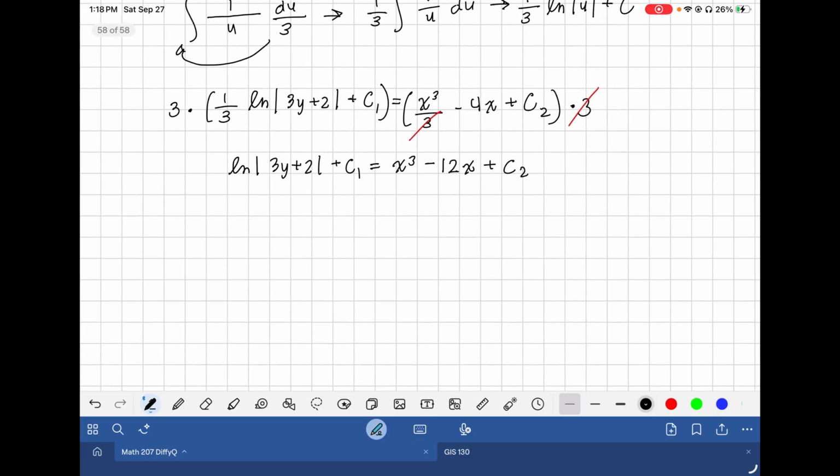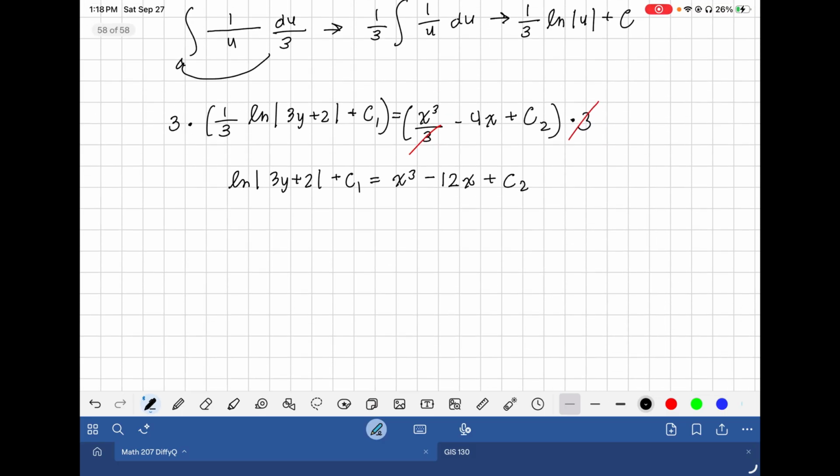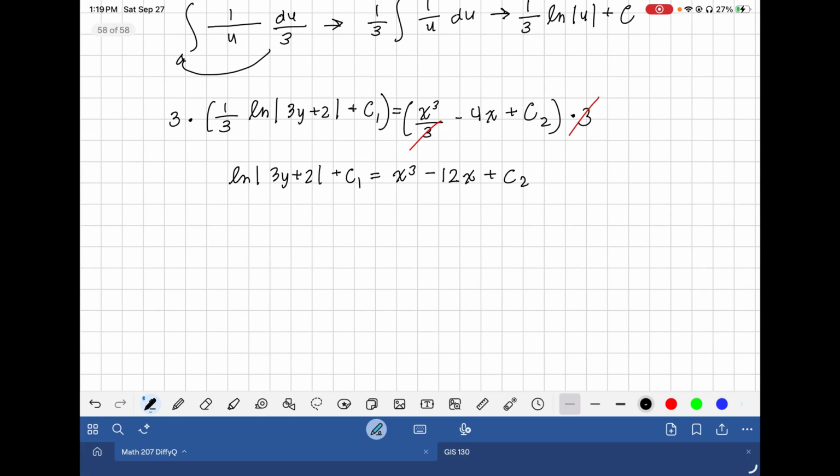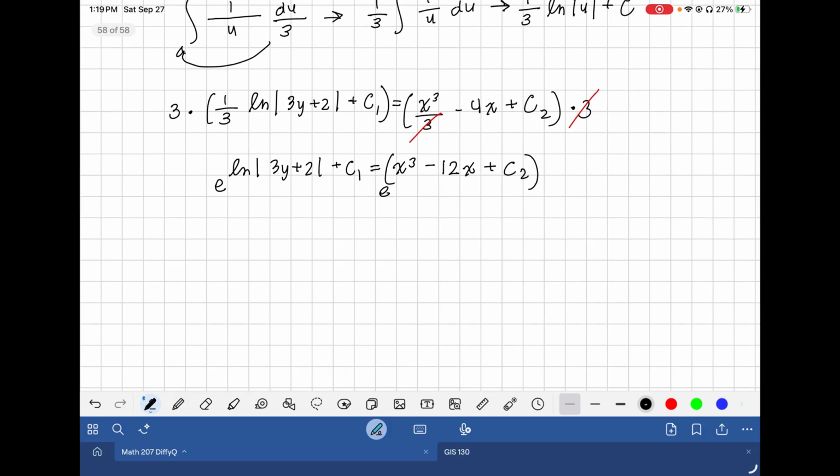And then for the next part, I'm going to get rid of the natural log, and I'm also just going to condense the constant on the right-hand side so we don't have two of them, so it doesn't get confusing. And so I'm going to multiply by e, exponential e. And so now we're going to have, well, these are going to cancel out.